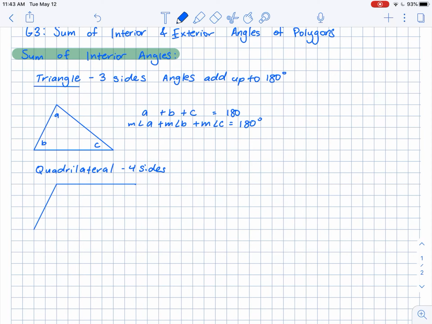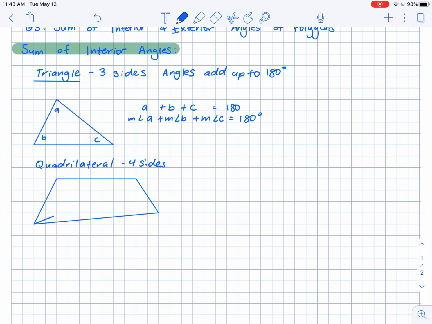It could be irregular, it could be nice, it doesn't matter. So here, we'll make it like this. We don't know right away what the angles inside of a quadrilateral add up to. So what we need to do is manipulate this quadrilateral.